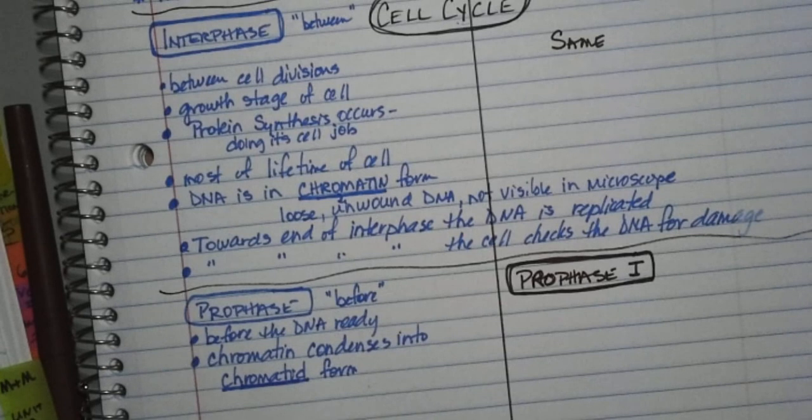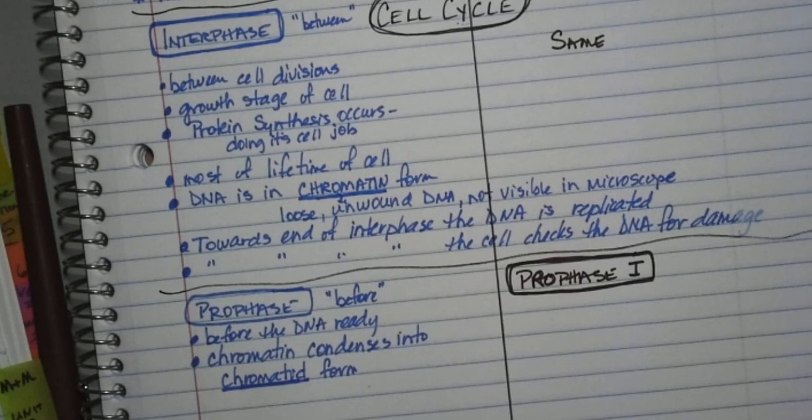Okay, so here's the deal. If it's in chromatid form, it means the original and its copy, and they're hooked together. They form that little X. One of those technically is a chromosome. The other one's a chromosome, but when you hook them together, you say this is a chromatid and this is a chromatid. We call them sister chromatids. They're kind of weird that way.